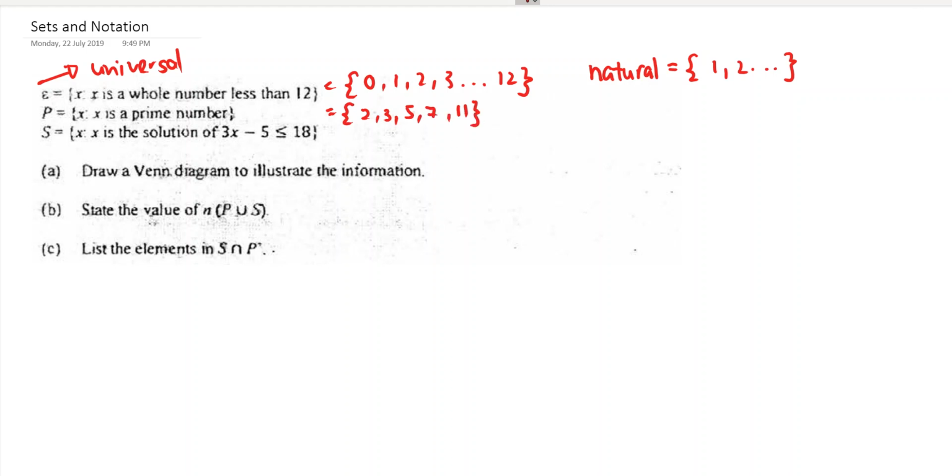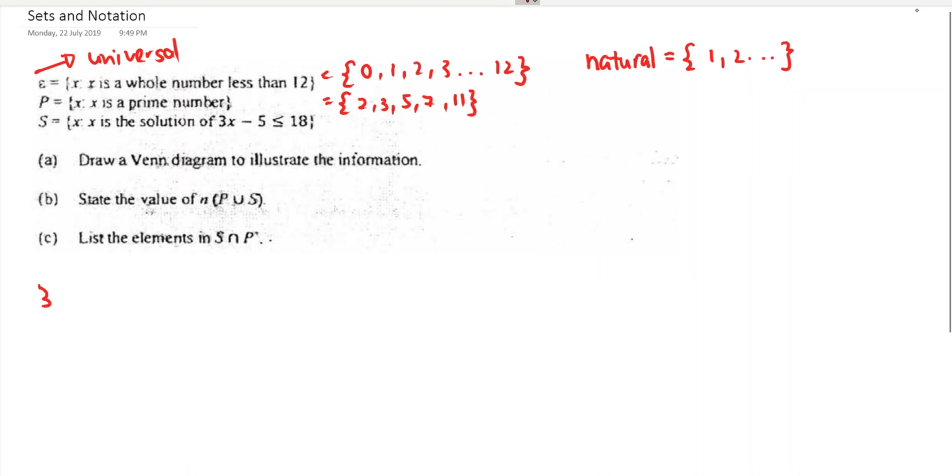Next, for S we have to work it out first. 3x minus 5 is less than or equals to 18. So I will have 3x is less than or equals to 23.